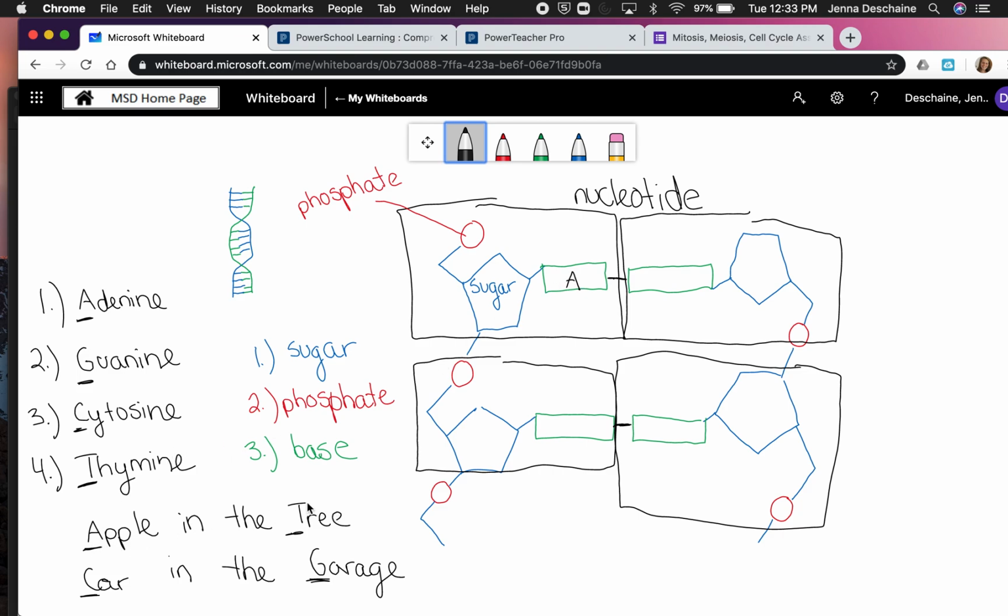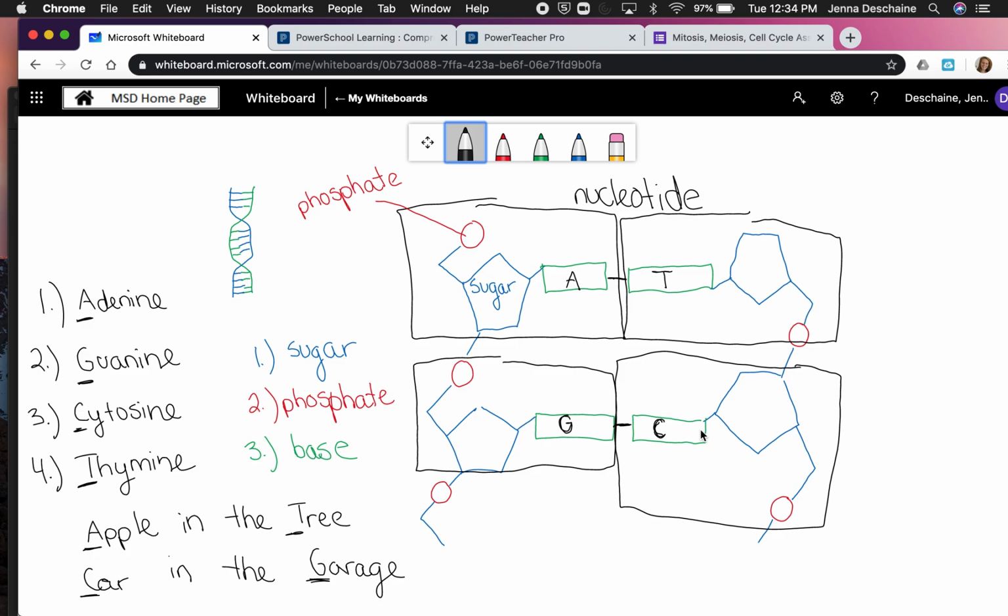Looking at this little mnemonic, I know that the apple goes in the tree, so that means that adenine is going to bind to thymine, okay? So let's say I have down here, this base is guanine, or G, okay? I know that the car goes in the garage, so that means that guanine is bound to cytosine, this base over here. And the bases are just those green boxes, okay?